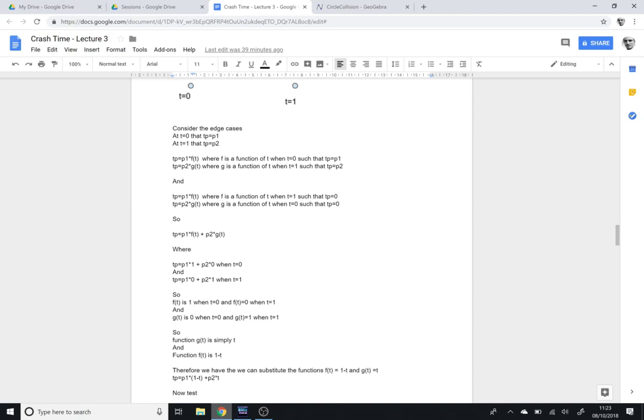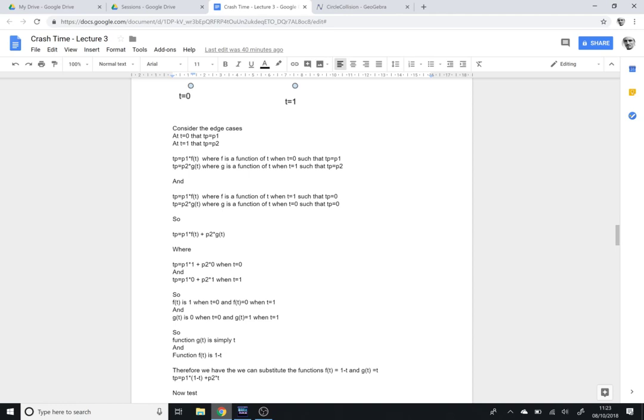And basically, because that sounds like a lot of information, what this means is tp, when t is 0, wants to be equal to p1 plus the value of p2. But we multiply p2 by 0, because p2 by 0 is 0, and therefore we end up with p1. Similarly, when we're here, we want to make sure that tp is p1 times 0 plus p2.